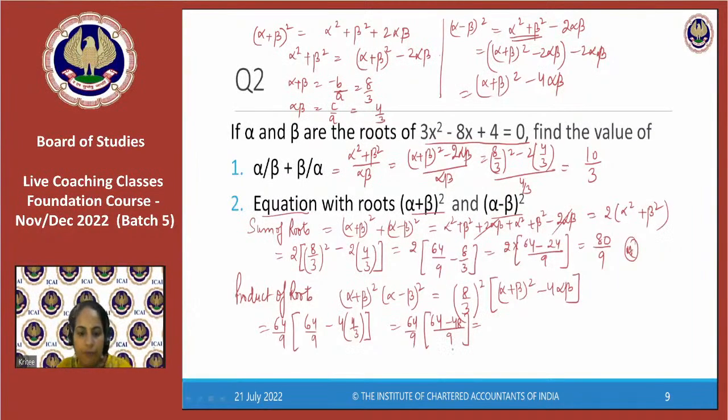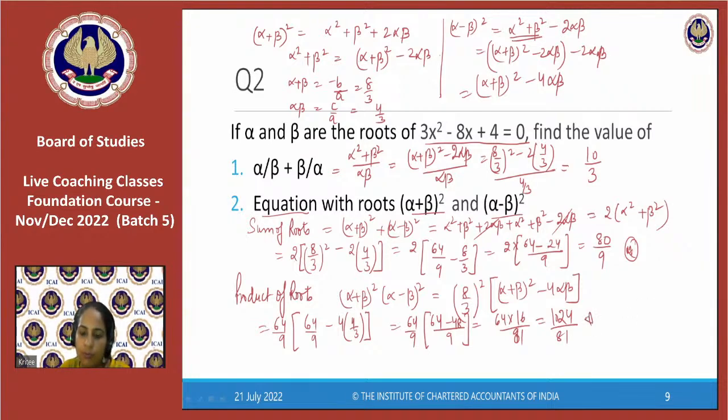So 64 minus 48 gives me 16. 64 into 16 by 9 into 81. 16 4s are 64, 6 96 plus 6, 1024 by 81.